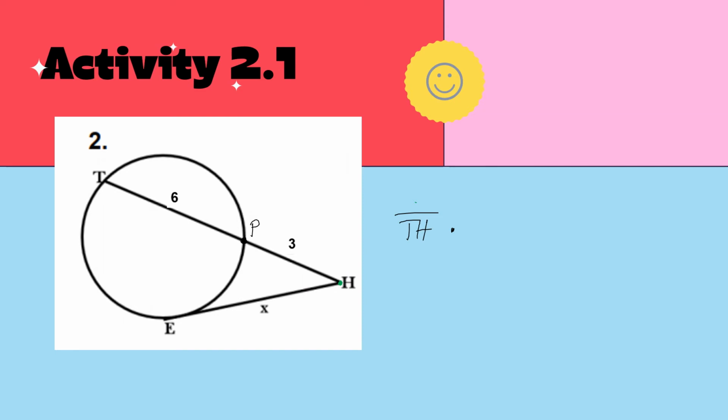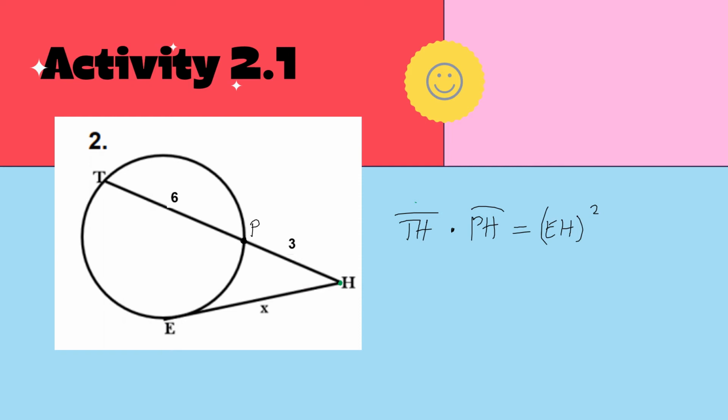Yung external secant segment, yun nasa labas, PH yun, equals tangent segment EH, tapos E-square natin yan. Yan yung isa sa mga power theorem. Secant-tangent power theorem.